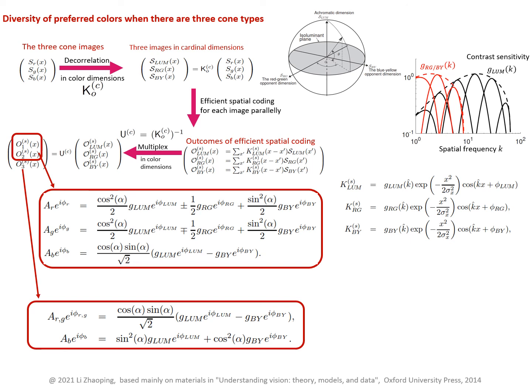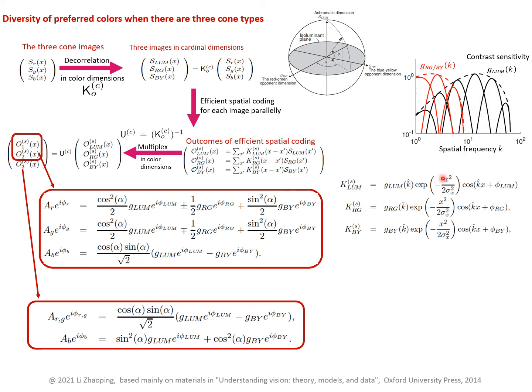We can also notice that as the gain for the luminance channel becomes stronger, so this luminance filter becomes stronger or weaker, this can occur, of course, as we go to a higher spatial frequency band. It becomes stronger, and at lower spatial frequency, it becomes weaker. And then the neuron's preferred color will mix in more or less of the luminance component.